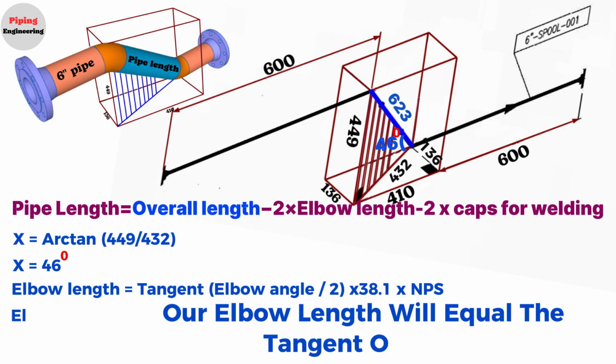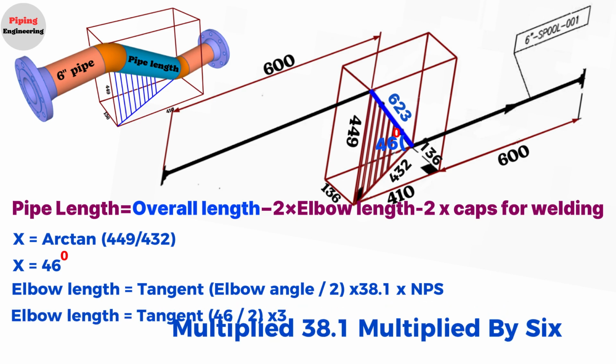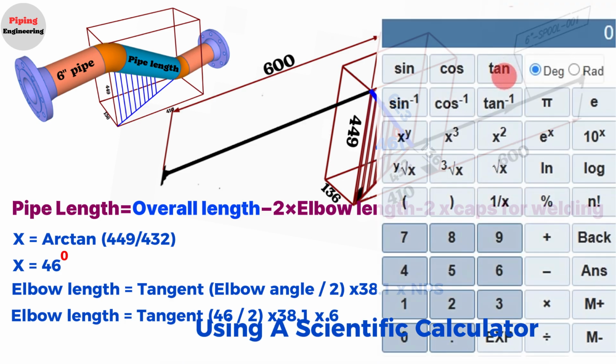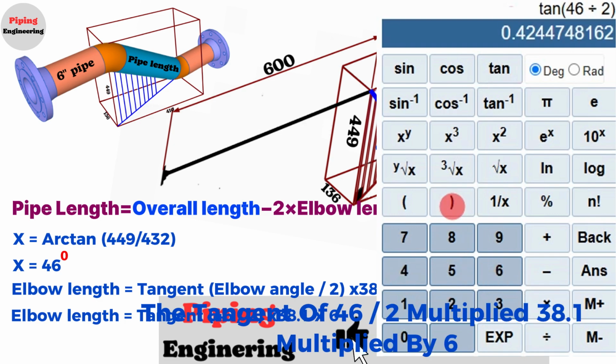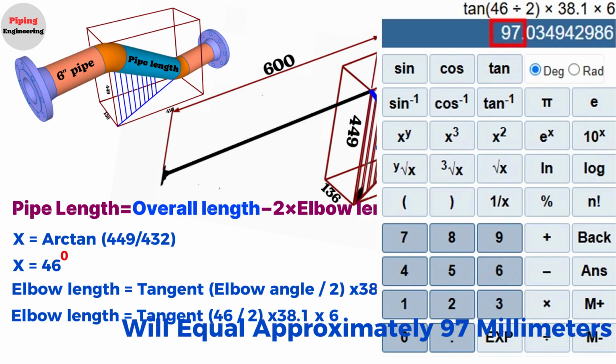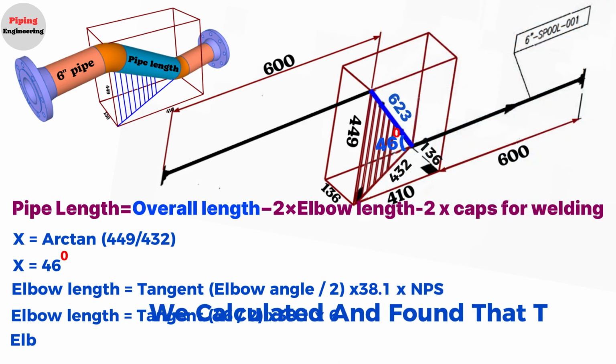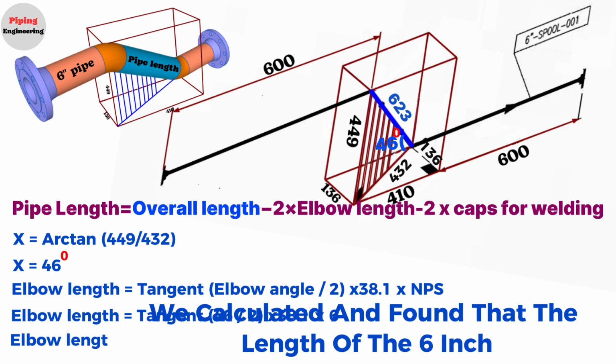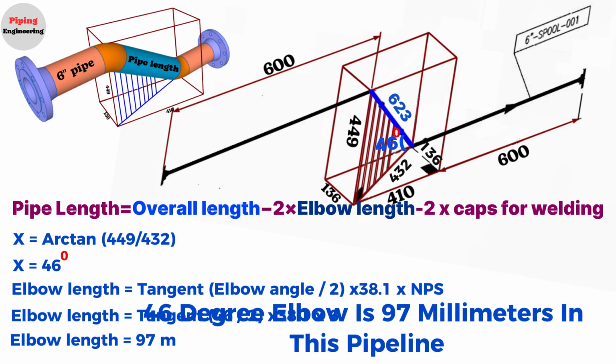So, our elbow length will equal the tangent of 46 divided by 2, multiplied by 38.1, multiplied by 6. Using a scientific calculator, this will equal approximately 97 millimeters. So, we calculated and found that the length of the 6-inch 46-degree elbow is 97 millimeters in this pipeline.